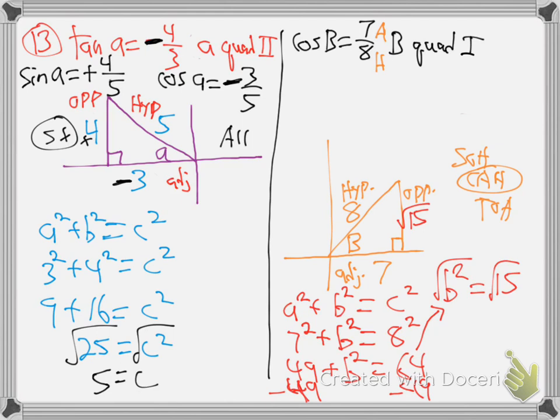We can get sine and tangent for angle B. So the sine of angle B, sine is opposite over hypotenuse. So it's root 15 over 8. And then tangent of B, TOA, opposite over adjacent, root 15 over 7.